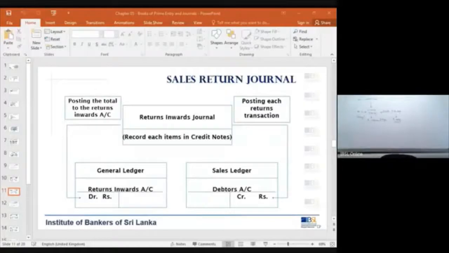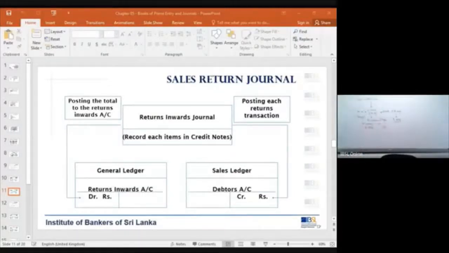When they did the sale, assuming that this is the only transaction for the month, the double entry would have been debit debtors 1,500 and credit sales 1,500.